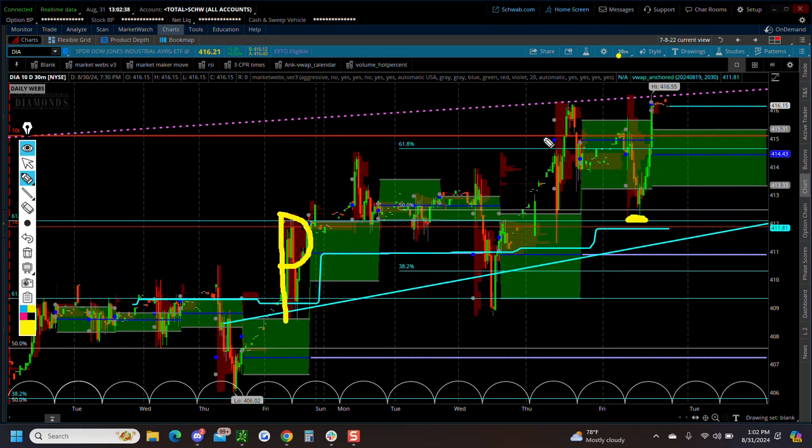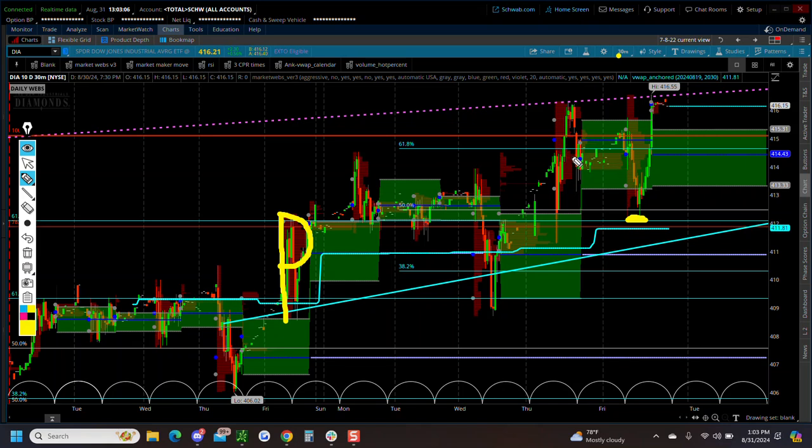What did that do? We had two distributions right here on this date, but this could be window dressing, so you can't really read too much into this. You got double distributions right here, which we broke early on Friday morning. We broke right through that bottom distribution already. So that's not support.